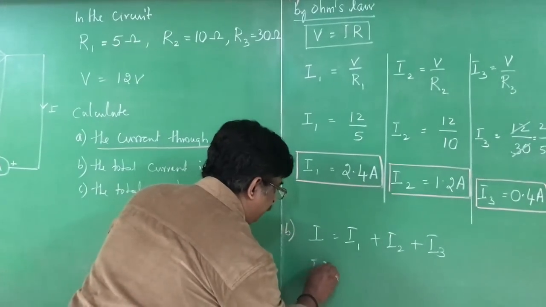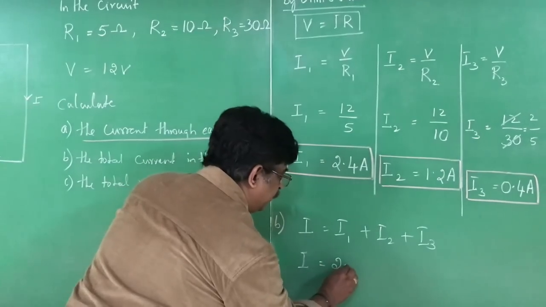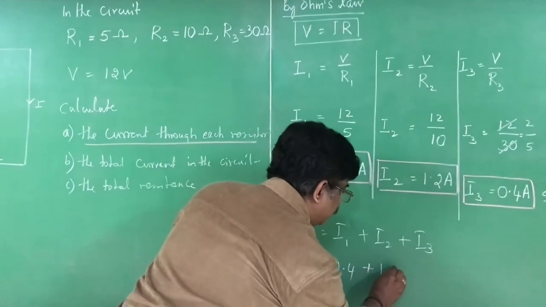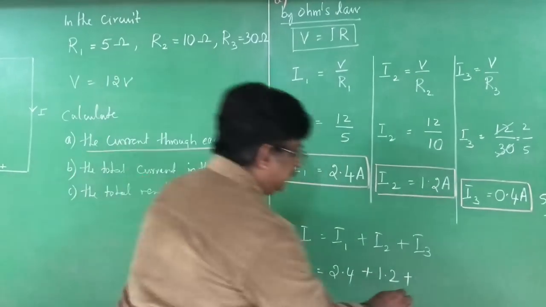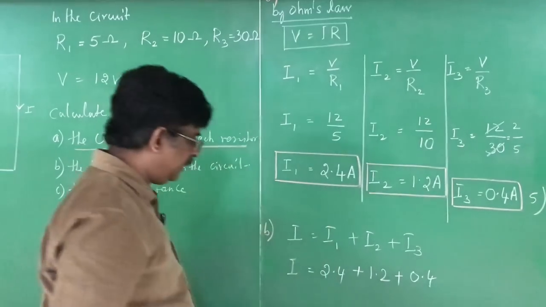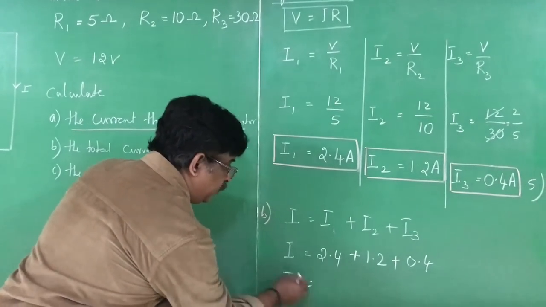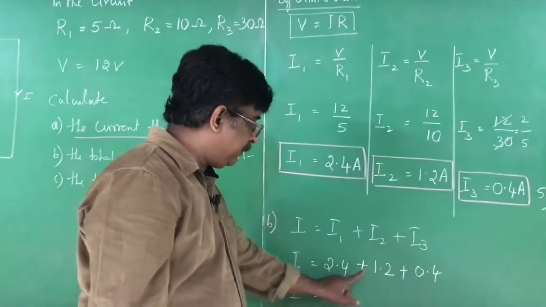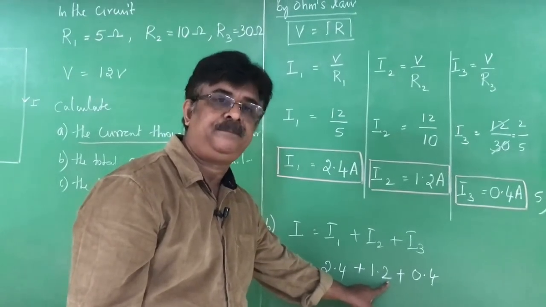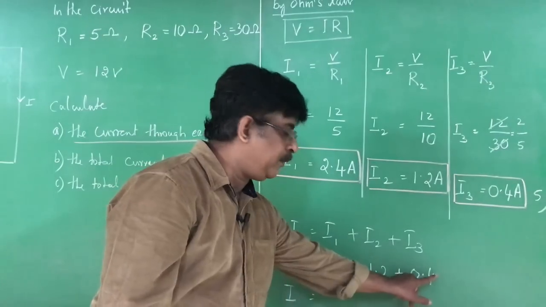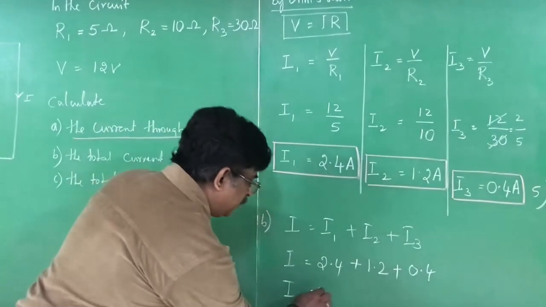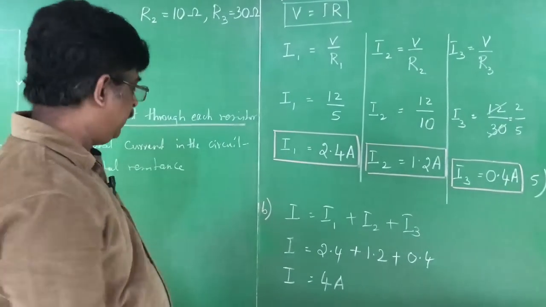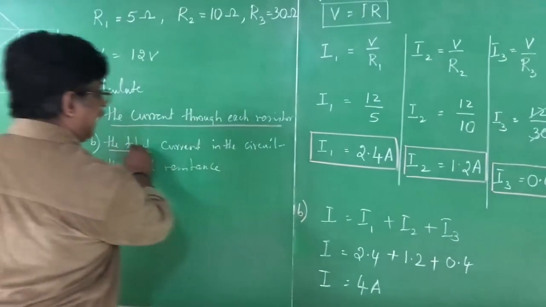Therefore, I is equal to 2.4 plus 1.2 plus 0.4. Now you have to add. Don't say this is a very difficult problem. It's an addition. 2.4 plus 1.2 is 3.6. 3.6 plus 0.4 is 4. Therefore, total current is 4 amperes. Now I completed the second part.